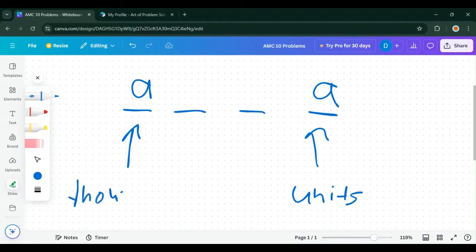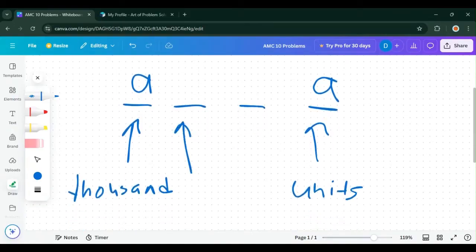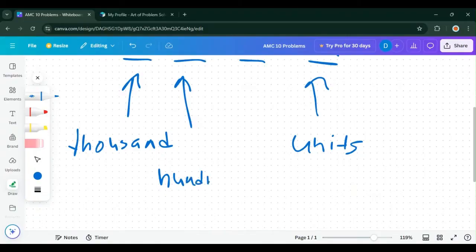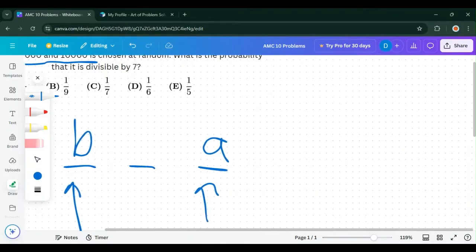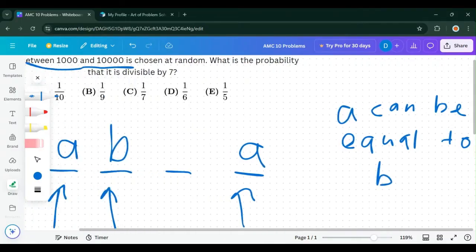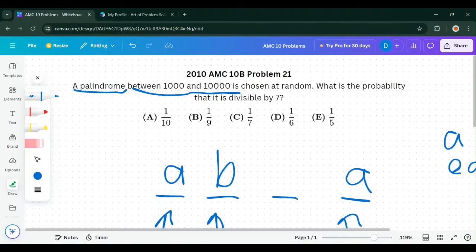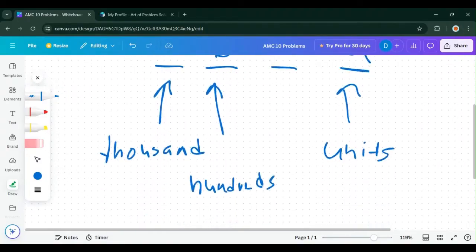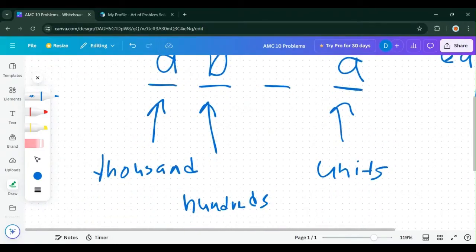Then we can name the hundreds digit as B, so another variable B. A and B can be the same, so A can be equal to B, because there's no restriction saying otherwise. The variables are different, but we just make sure that we know that A can be equal to B.